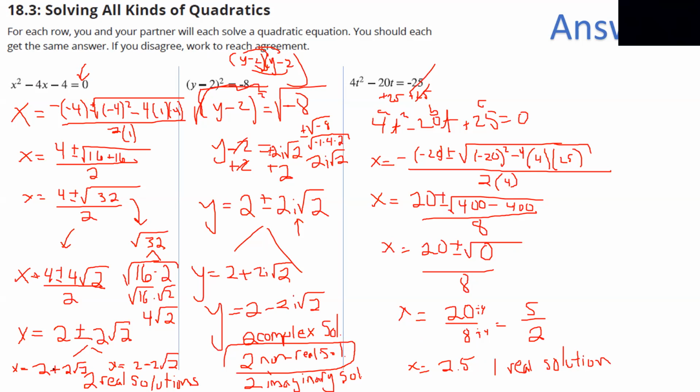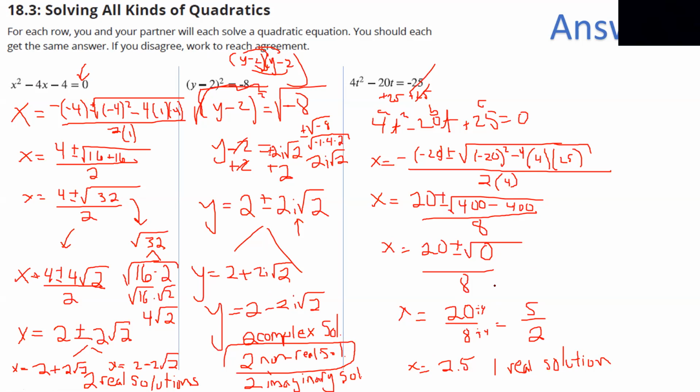In the previous case, because we had one positive and one negative, that was two real solutions. In the case before that, these were two non-real because they have the imaginary number i. And in this case, because the number inside of the square root became 0, we're left with technically one solution, and that's one real solution because it's not an imaginary solution.